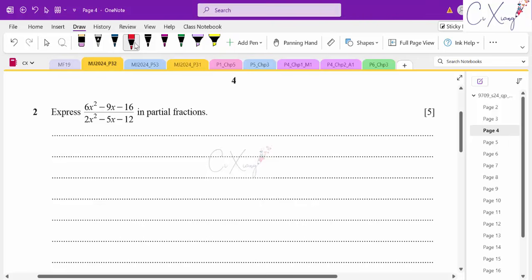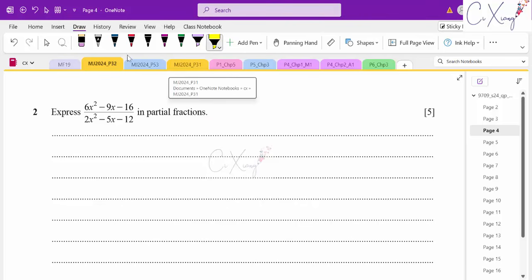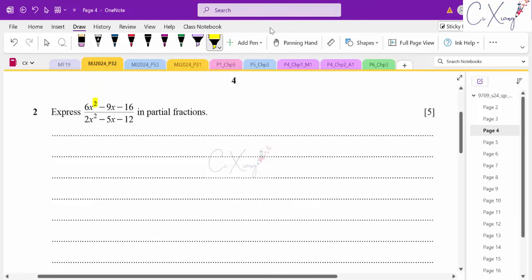Okay, so now at question number 2, they want us to express this fraction into a partial fraction. Before we can start, we have to check the degree of the numerator on top and the degree of the denominator. For the numerator, you can see that the degree is equals to 2, the highest power of x is 2.